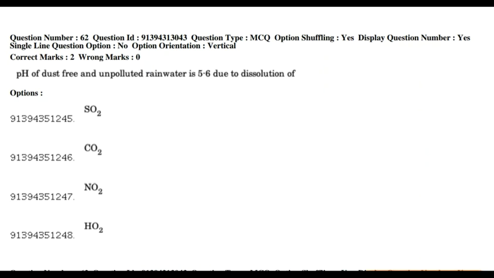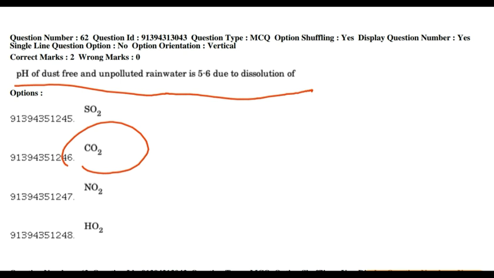pH of dust-free and unpolluted rainwater is 5.6 due to dissolution of carbon dioxide.